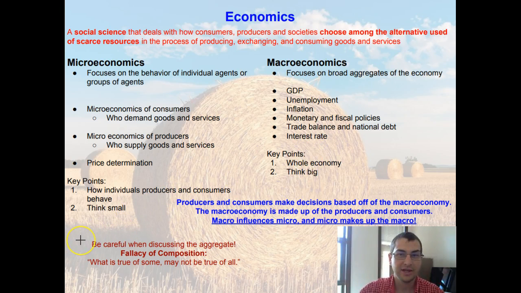One thing you need to be careful of as we go through the section on macroeconomy is that you need to be careful whenever discussing the aggregate. There's a fallacy called the fallacy of composition, which states that what is true of some may not be true of all. An example might be that you go to a football game and you're sitting in the stands and everybody's sitting down, and you decide that if you stand up you can get a better view.